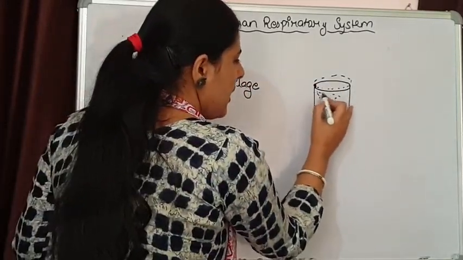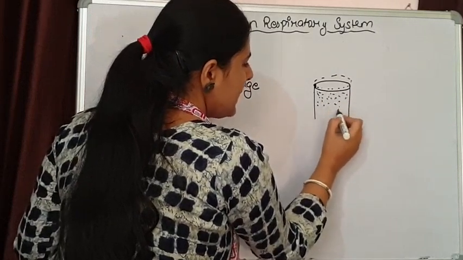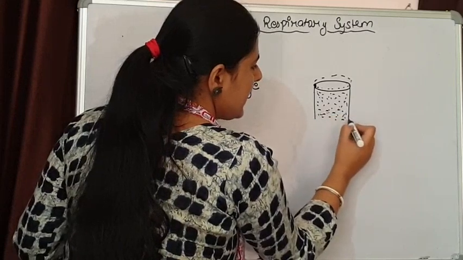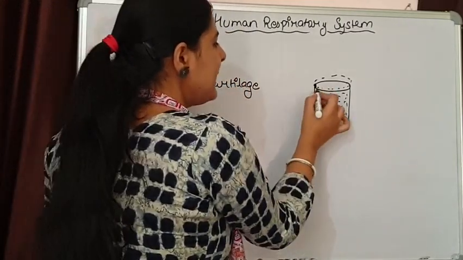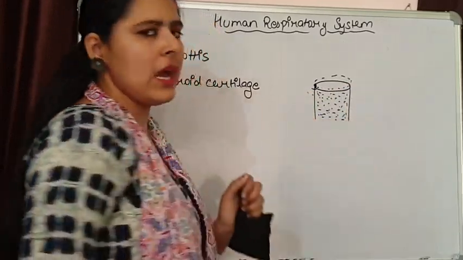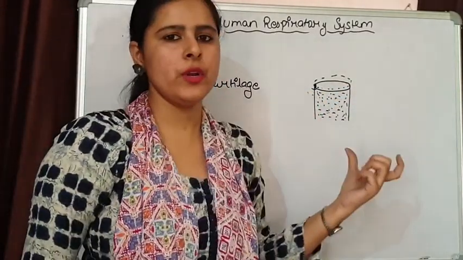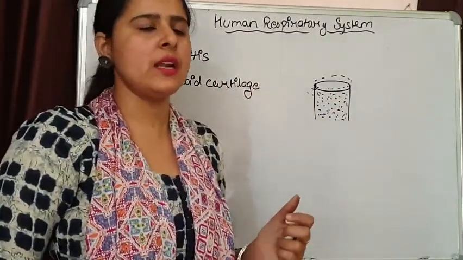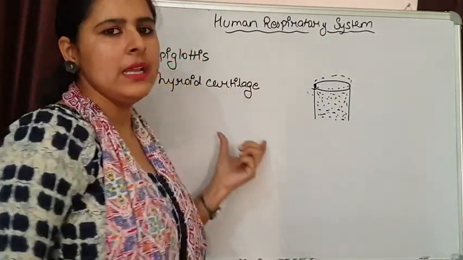So I am showing it like this in a dotted manner. This whole region is thyroid cartilage. Some of the backside regions, just above and below, are also covered by the thyroid cartilage. That's why thyroid cartilage is the largest cartilage present in the larynx.